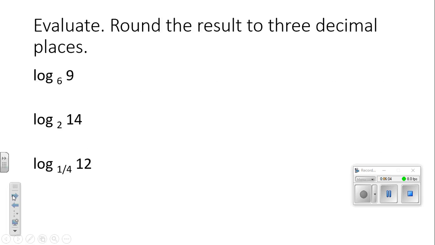So how are we going to find the log base 6 of 9? Let's pick on Caleb. How are we going to do it? Good.